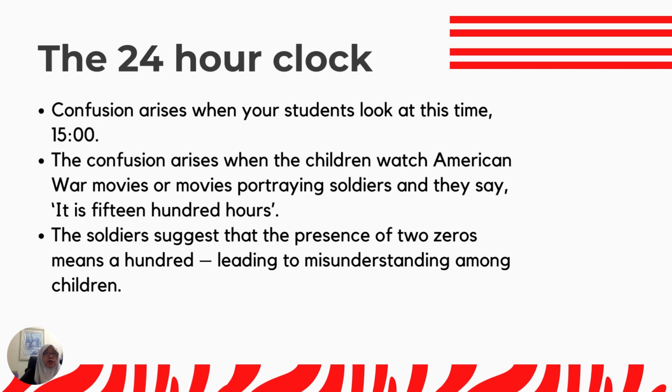So you need to tell the children that when they watch American movies or any movies, that is how they announce the time. But in mathematics class for 24 hours, they need to say it correctly, 1500 hours.